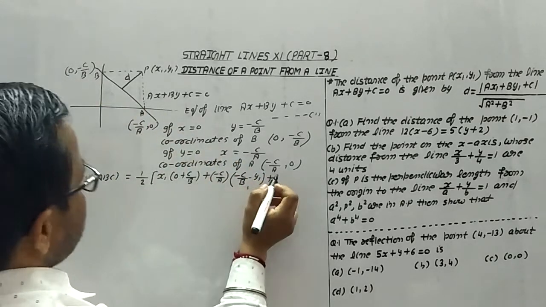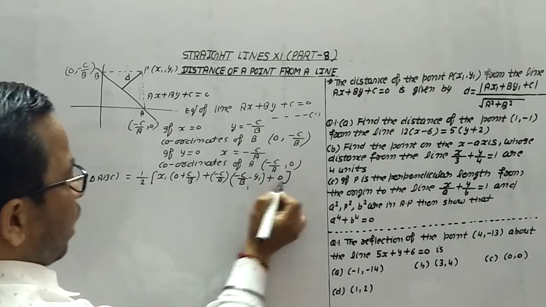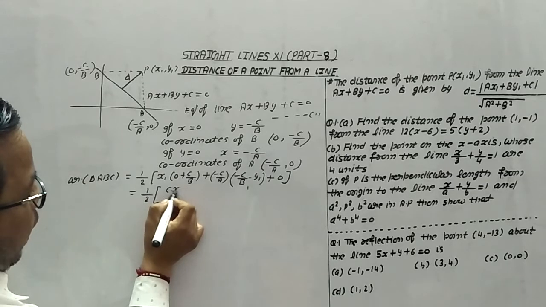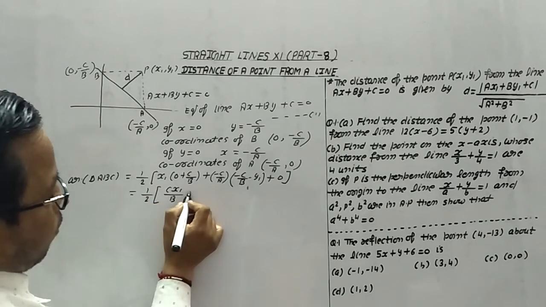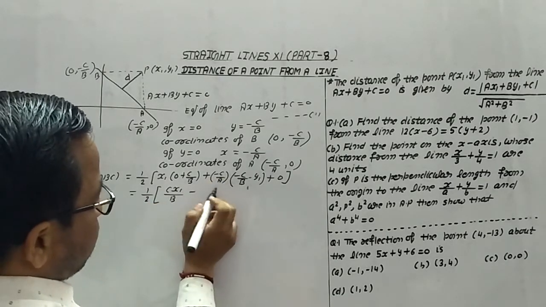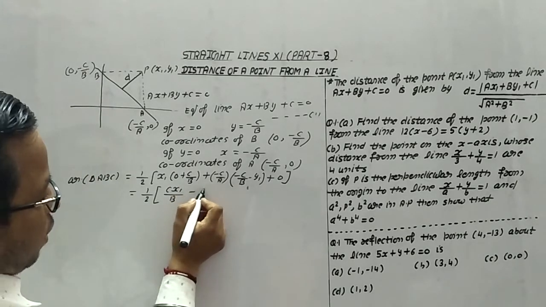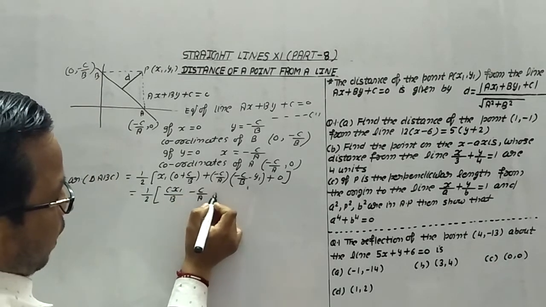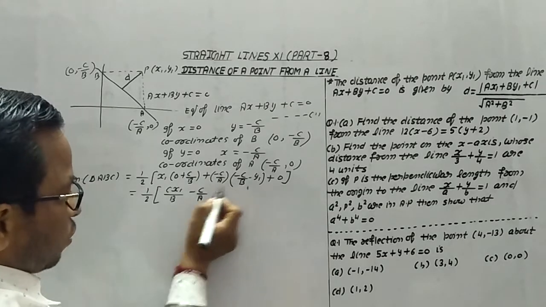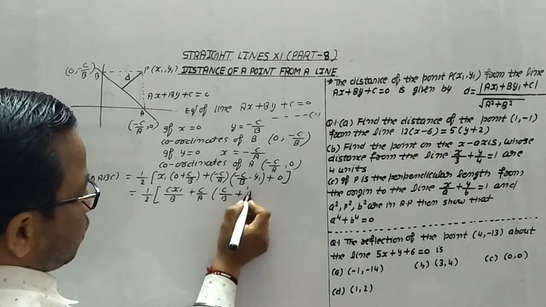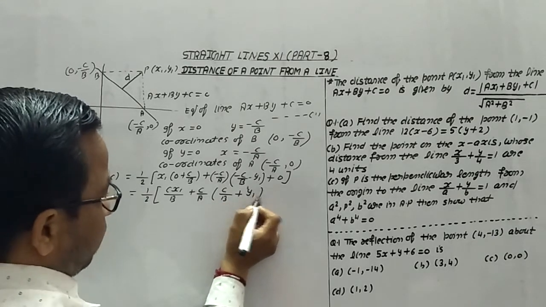What is this x3? 0. It means the rest of all other terms will be 0. It means half, cx1 upon b plus, minus, minus, it becomes minus c upon a into, take minus common, it becomes c upon b plus y1.